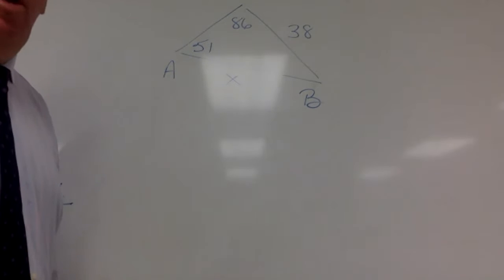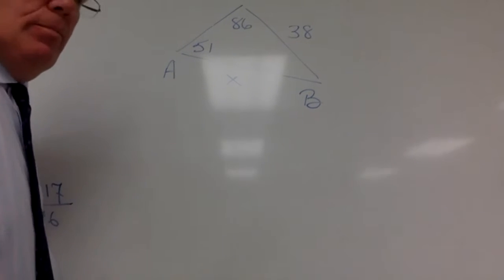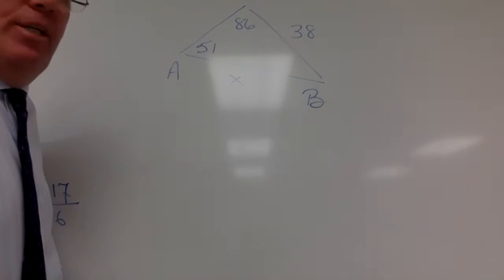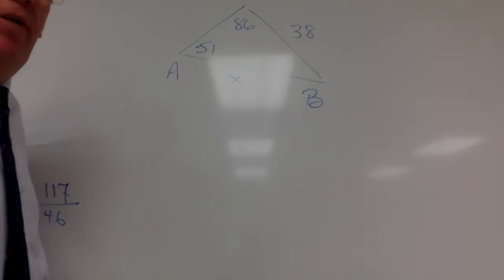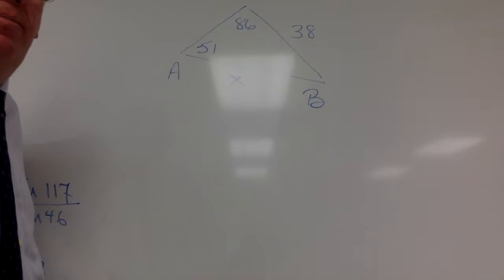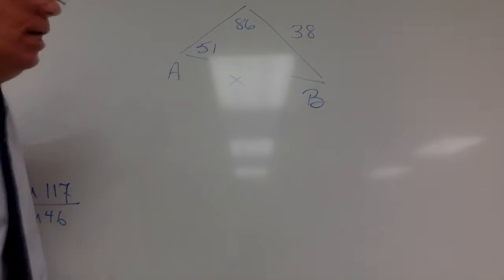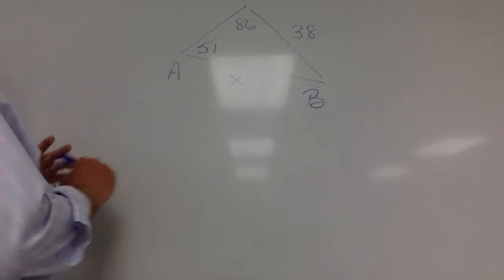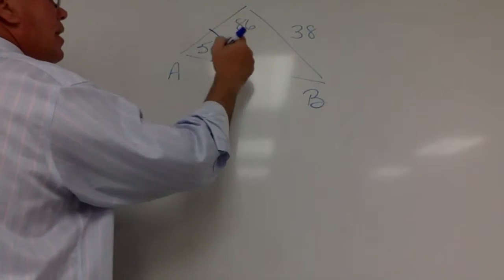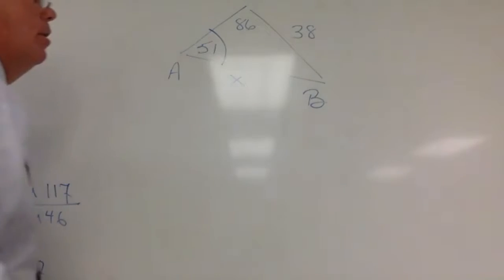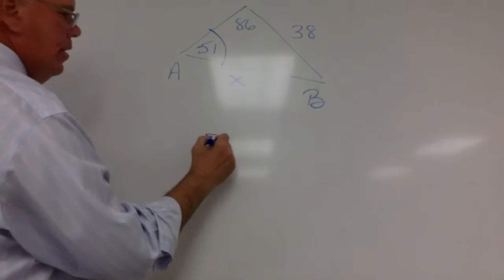All righty. Now we don't even have to do too much work. Can I use the law of sines here? Well, obviously, it's a homework problem on the law of sines. Yes, because I have an angle and the side opposite. So what am I going to write?